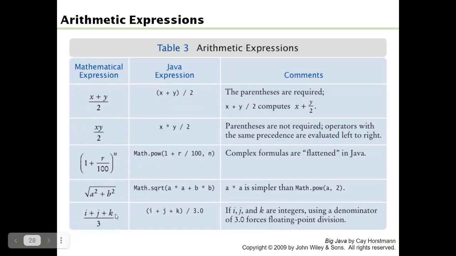But here, if these are integers and you use 3 and not 3.0, it's going to do integer math. And then you're not going to get any remainder or any decimal point. All you're going to get is how many times 3 goes into that. That's all. No remainder, no decimal point, no fractional portion. If you do want that fractional portion, then you have to convert one of them to a double, and that will force all the other ones to be a double as well.